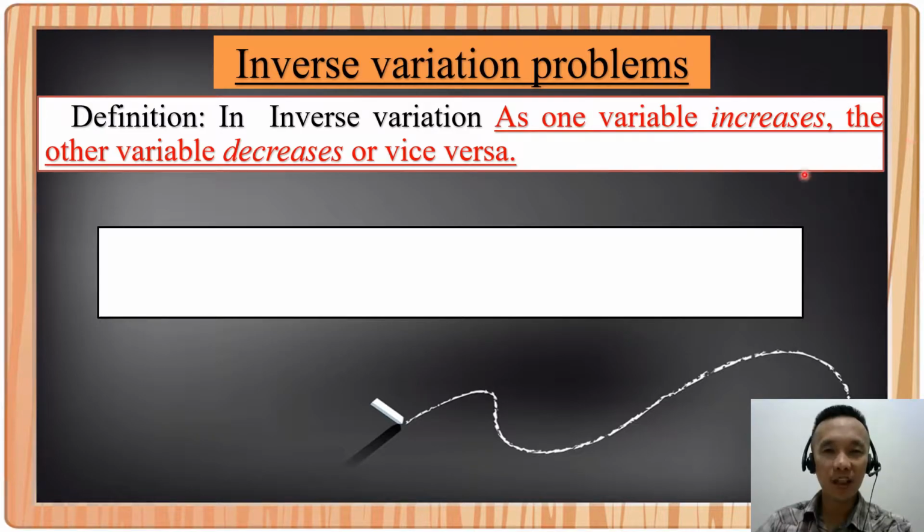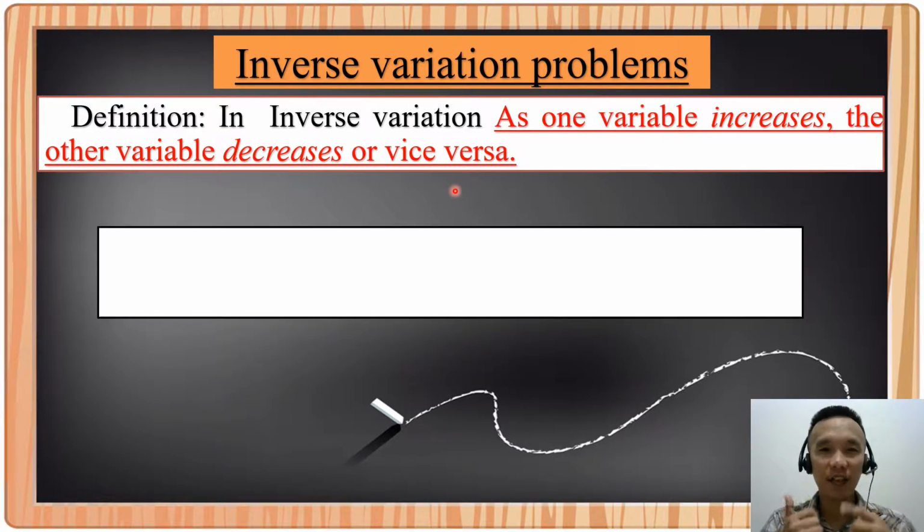By definition, as one variable increases, the other variable decreases, or vice versa. As you can see on our first slide, we have two pictures. The first one is the kids playing on the seesaw. If you are on the seesaw, as one kid goes down, the other kid will go up.